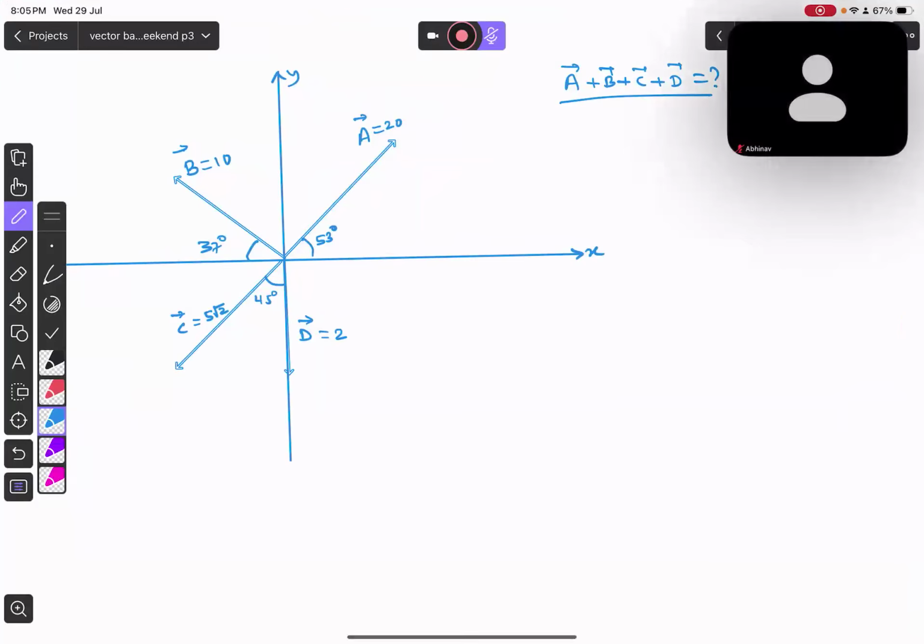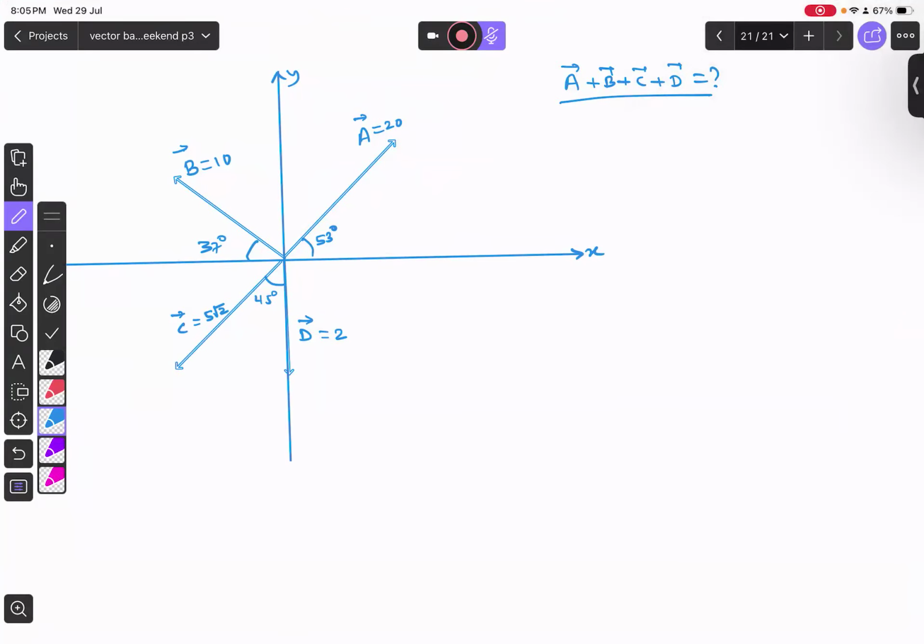Okay, were all of you able to find the components of A, B, and C along X and Y? Okay, now I'll do it fast, just check your answer. So vector A is 20. His X component will be 20 into cos 53, and that will be 20 into 3 by 5, which is 12.